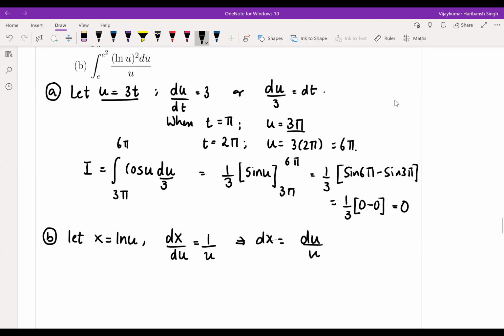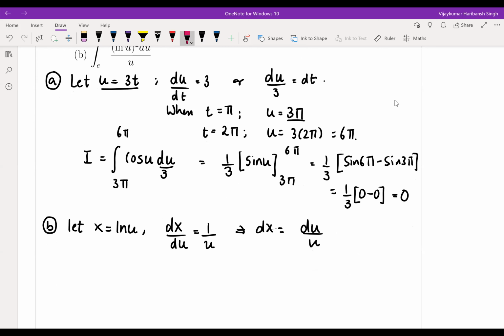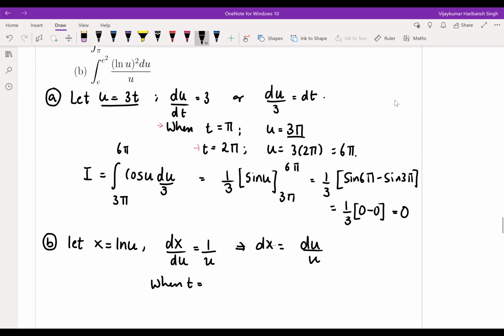Now we have to make the substitution for the limits as well. When t equals, what is the lower limit? The lower limit is e.